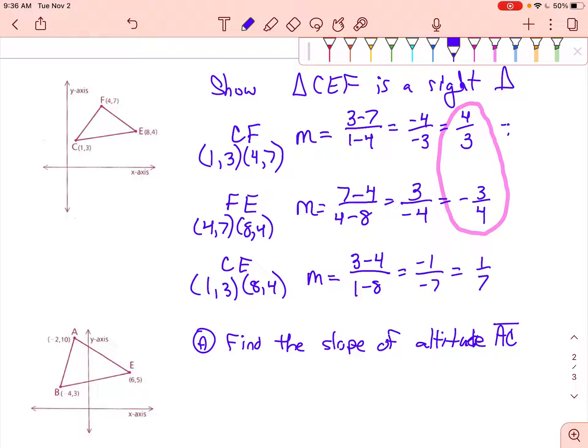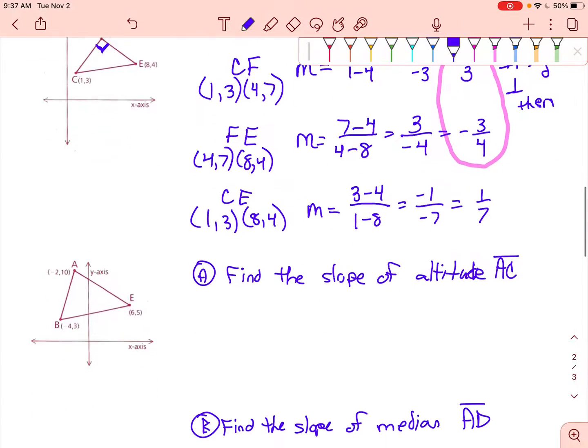And if segments are perpendicular, then it forms a right angle. So you can see that CF and FE are where the right angle is being formed. Because those are opposite reciprocals, one is positive, one is negative, and it's a reciprocal, it's flipped, I know that this is a right triangle.